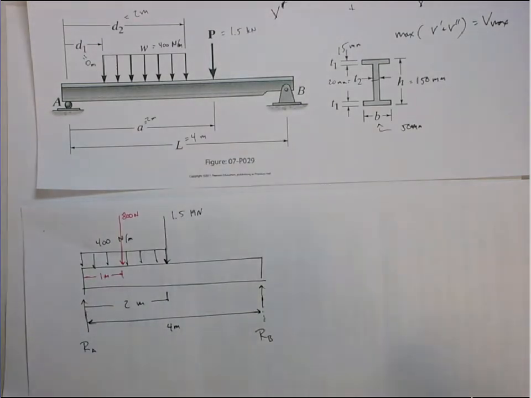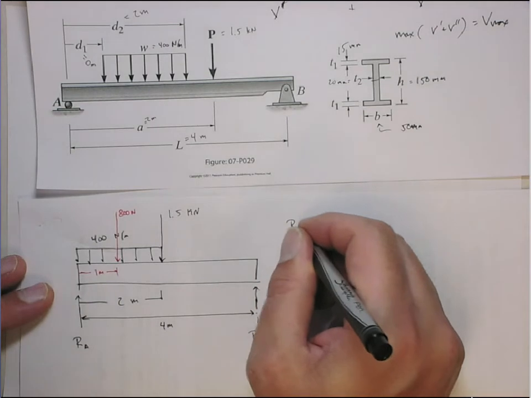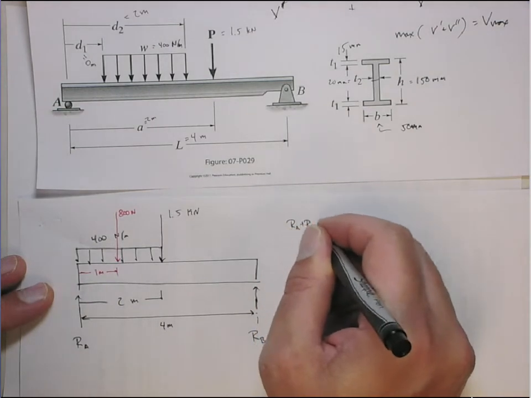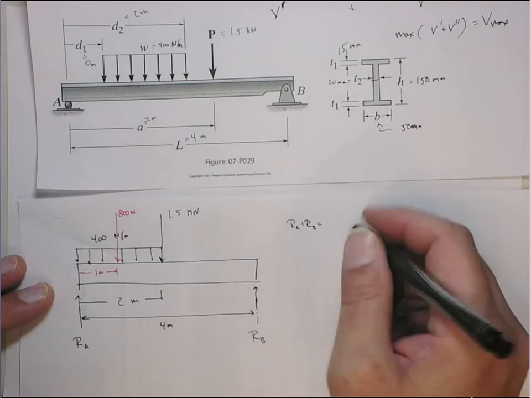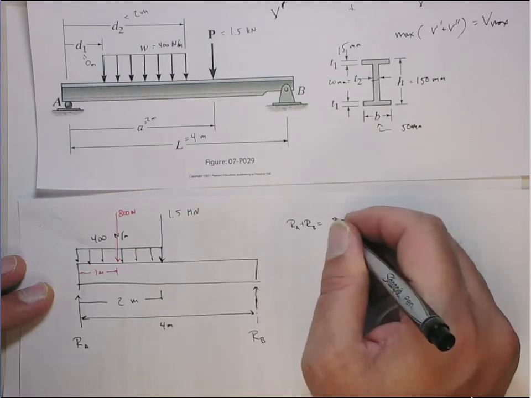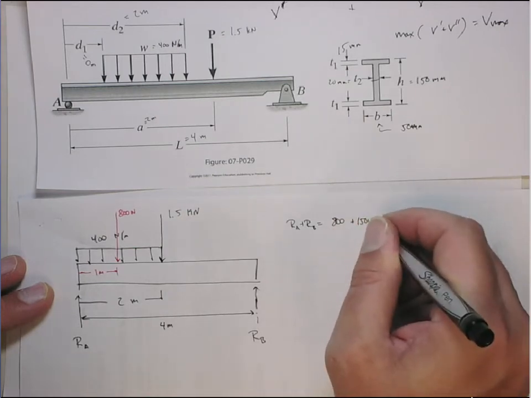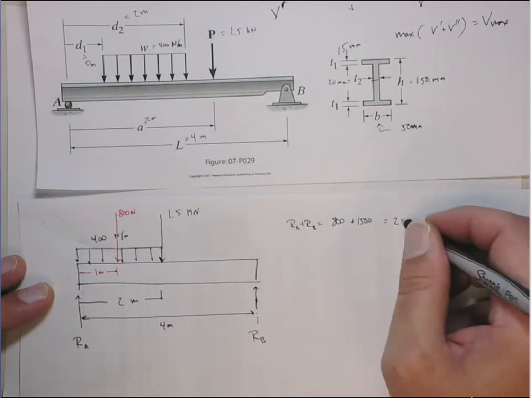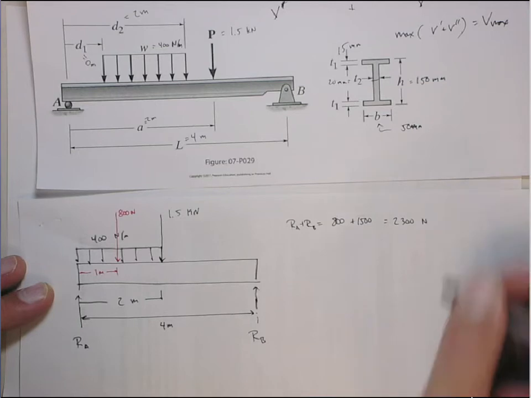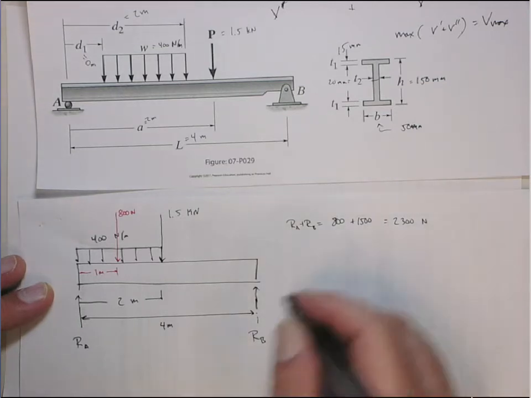Right? And RA plus RB equals the 800 plus the 1500. So that's equal to 2300 newtons, okay?